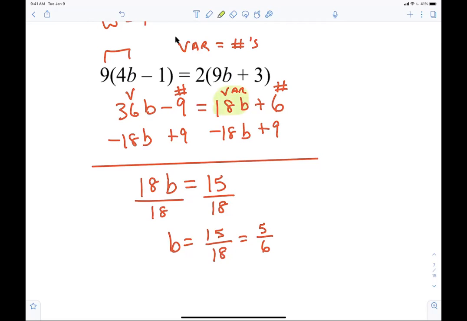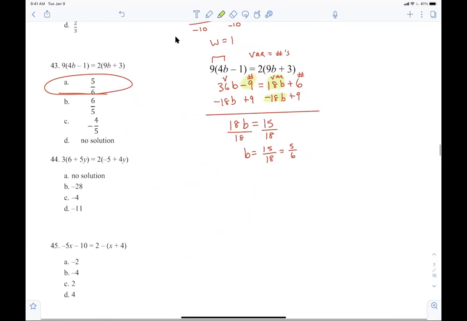And because it's a plus 18, I have to do what? Minus 18. And then this is a number, so I have to move that number to the other side. So it's a minus 9 on the left, so I'm going to have to add 9 to the right. Okay? Now, what I want you to do is, you and me will do the next one together, okay? So let's look at this one.